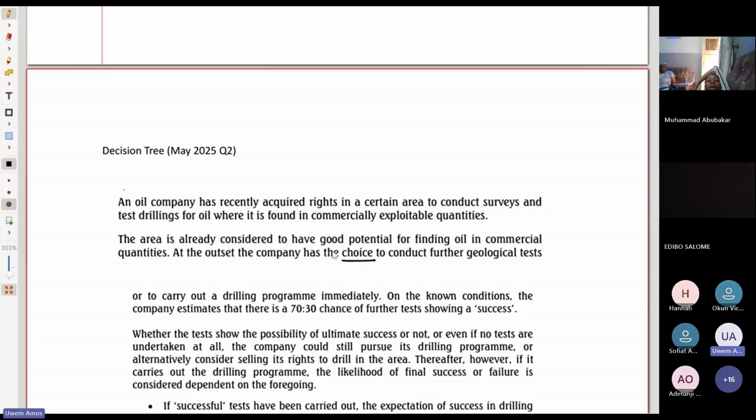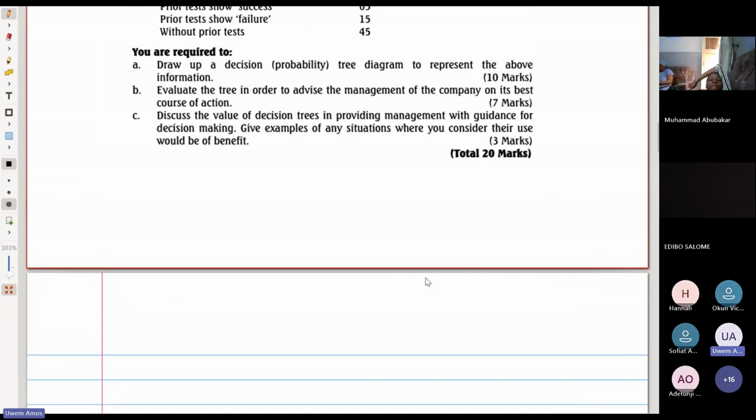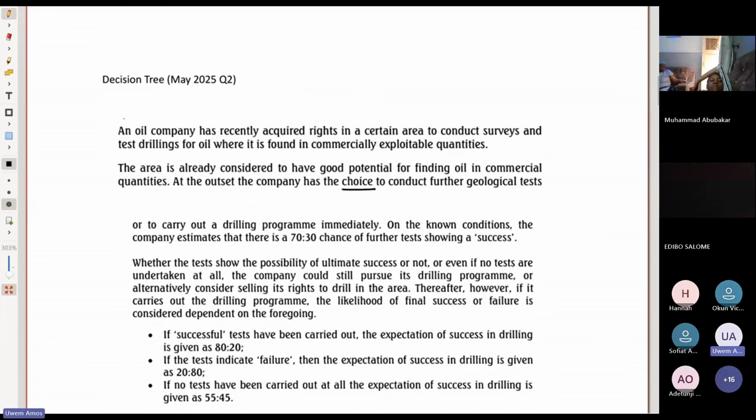It can choose to conduct geological tests on that land where it has that right, or it can decide to carry out a drilling program immediately without carrying out any form of geological test.